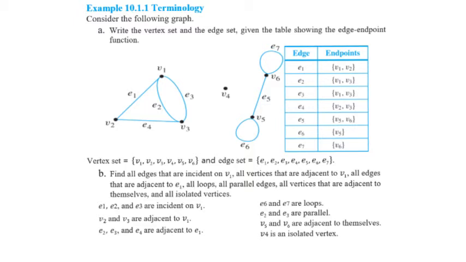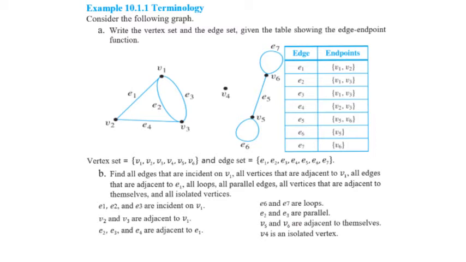In the previous slide, we saw the definition of a graph and a number of terminologies. Here, in order to illustrate all of those terminologies and definitions, we are going to see an example. Consider this graph. As you see, this graph has 6 different vertices: V1, V2, V3, V4, which is isolated, V5, and V6.